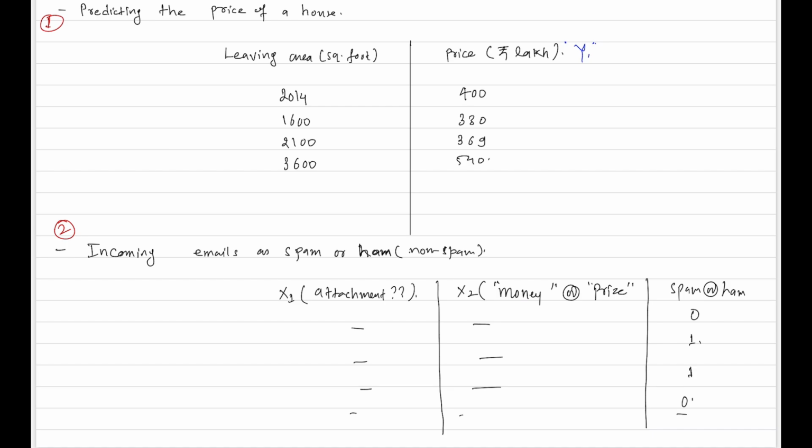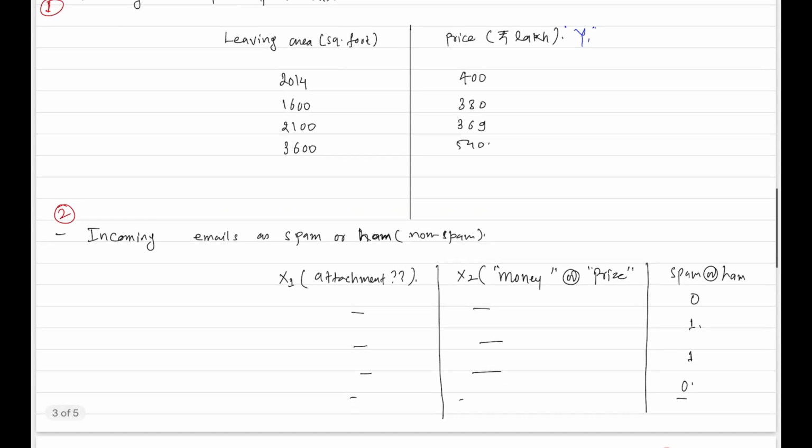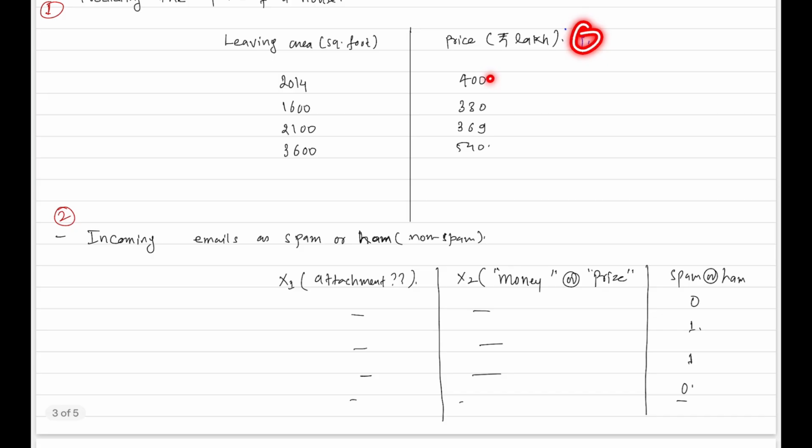So in the first case, this y can take any real possible values, right? I cannot say that it will take from minus infinity to plus infinity, but it will take any feasible continuous value, right? What the maximum price of the house or the minimum price of the house, right?